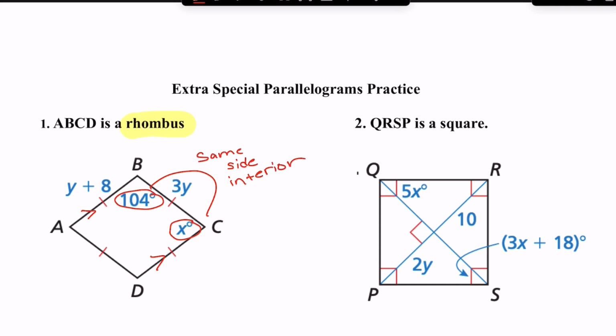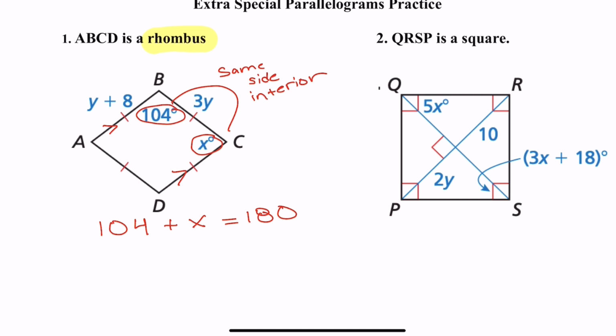So I know that 104 plus x has to equal 180. So I'm going to subtract 104 from both sides. This will give me 76 degrees for x.